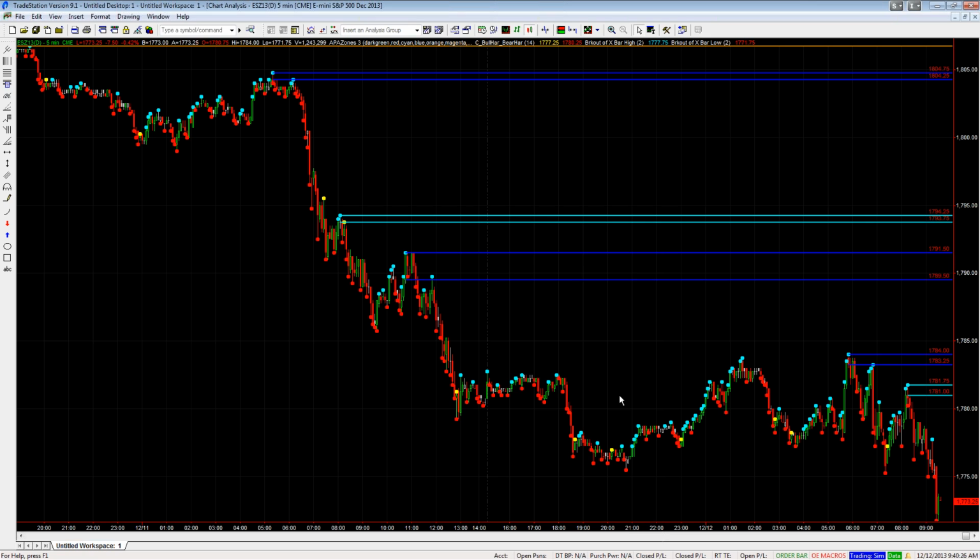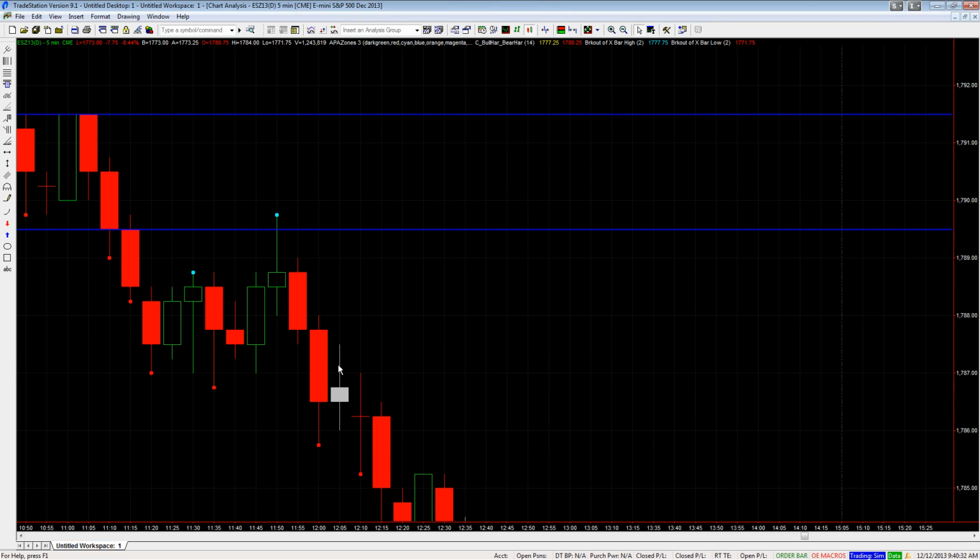Okay. So if we zoom into the TradeStation view, I just think this is super cool. I know some of you guys are familiar with APA Methodologies that's being released, but TradeStation has something that I think is also very valid.